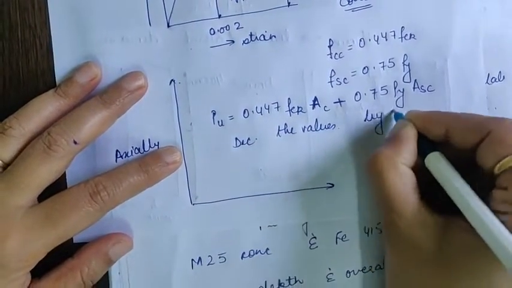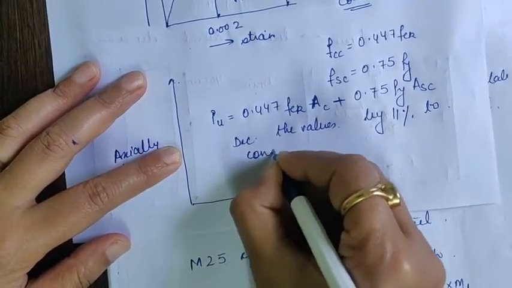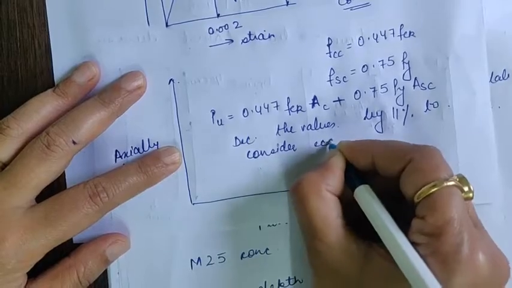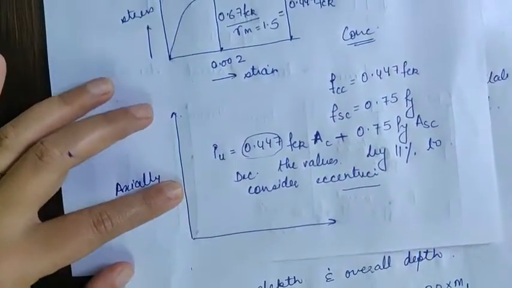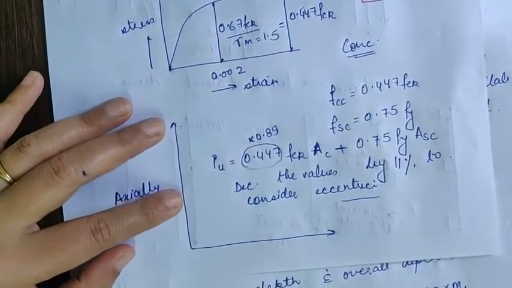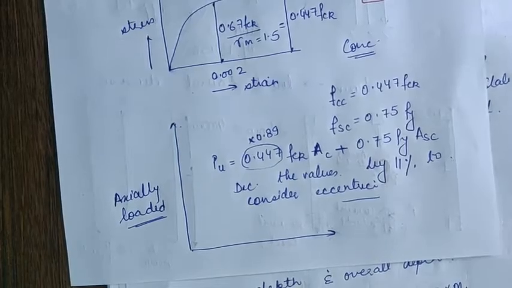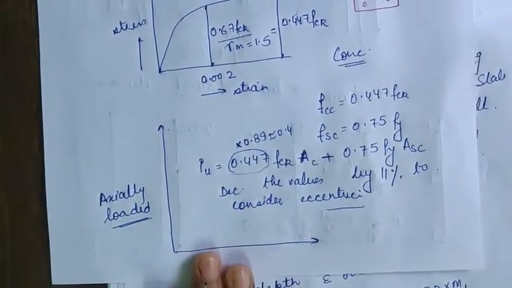by 11% to consider eccentricity. So if I decrease this value by 11%, that means I'll multiply this by 0.89, that is 89% of the value. So this will approximately come to be 0.4.